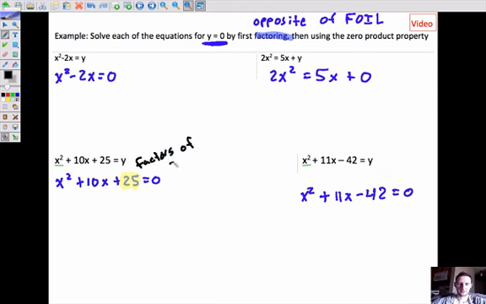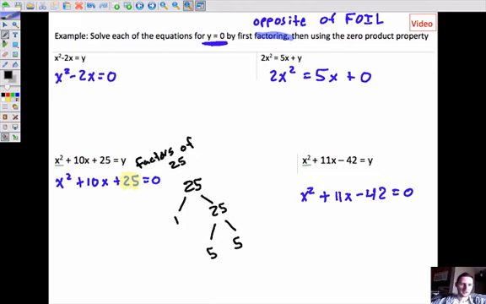So in this case, the factors of 25. If I make a little factor tree, I could do 1 and 25, or I could do 5 and 5. And those are all the factors. So I'm either looking at 1 and 25 or 5 and 5.